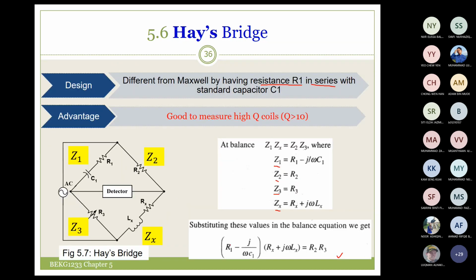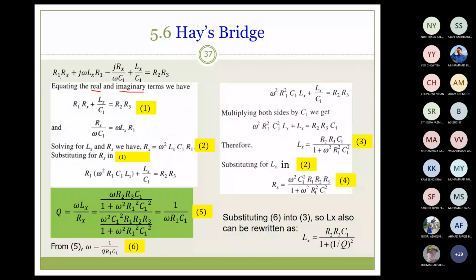So first, we want to break the bracket, and then we will compare the imaginary term and real term. After we break it, we can find R1 Rx plus j omega Lx R1 minus j Rx over omega C1 plus Lx over C1 is equal to R2 R3.